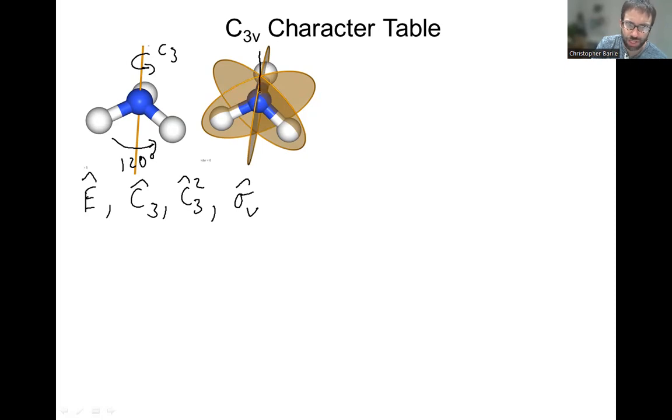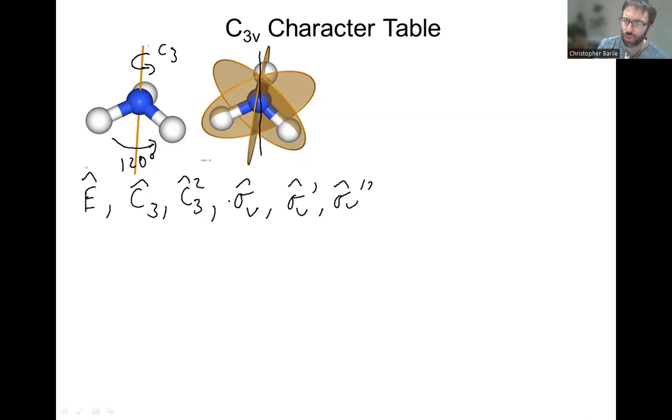All these mirror planes contain this principal rotation axis, the C3 axis, in them, and so we call it a vertical mirror plane. There's 3 of them cutting through the nitrogen and each of the 3 hydrogen atoms. So we're just going to call these sigma V hat, sigma V hat prime, and sigma V hat double prime.